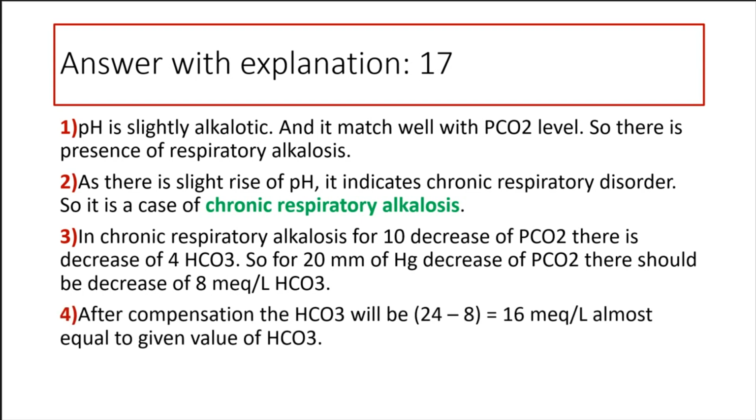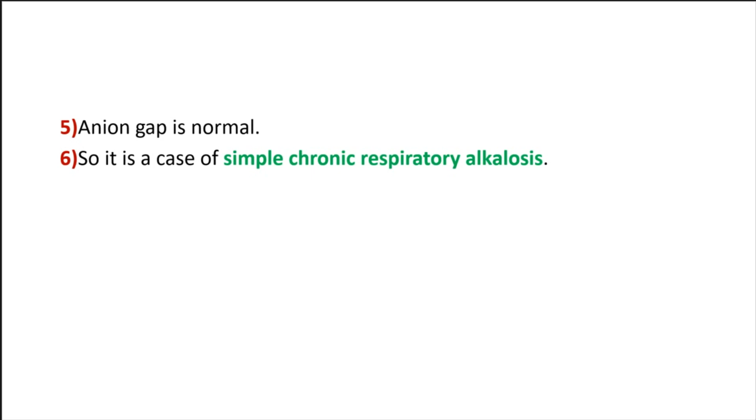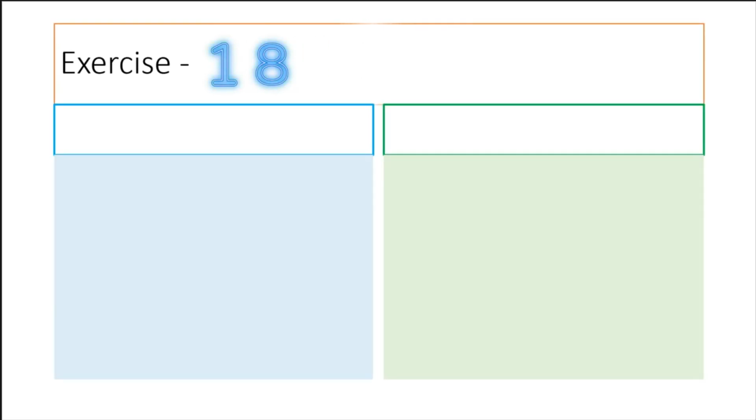After compensation the HCO3 or bicarbonate will be 24 minus 8 equals 16 milliequivalent per liter, almost equal to the given value of HCO3 or bicarbonate. 5. Anion gap is normal. 6. So it is a case of simple chronic respiratory alkalosis. 7. Example, pregnancy, ILD.